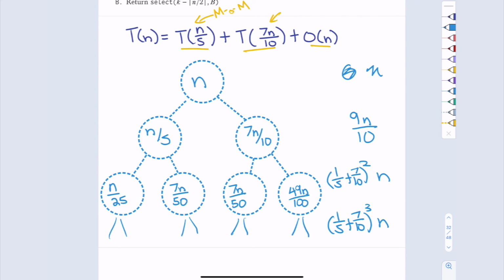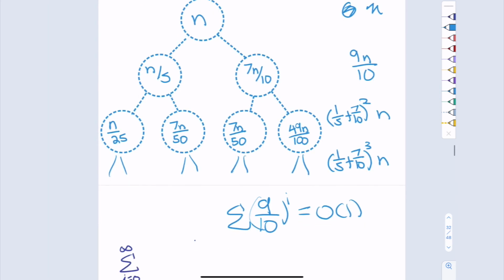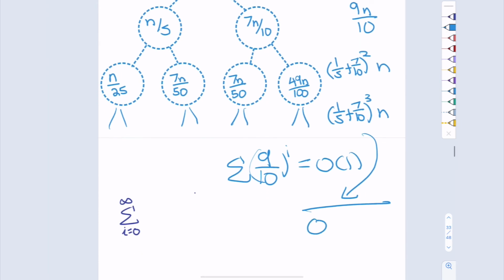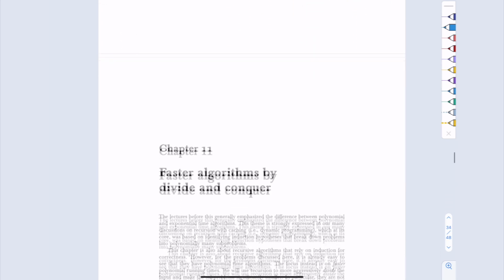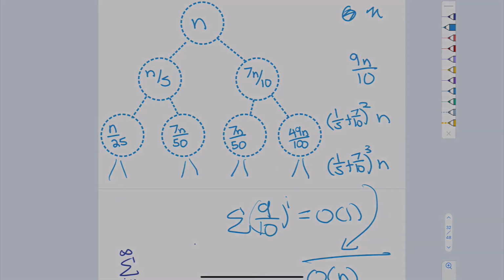I heard many people say it. All of these 9/10, exactly what we did before, is some constant, and all this added up will give us a big O of n running time. All right, so that is it. Next time we'll do Euclidean distance and Fourier transforms.